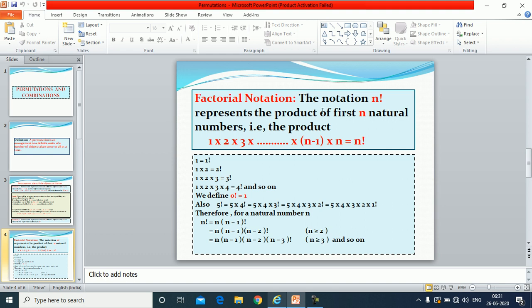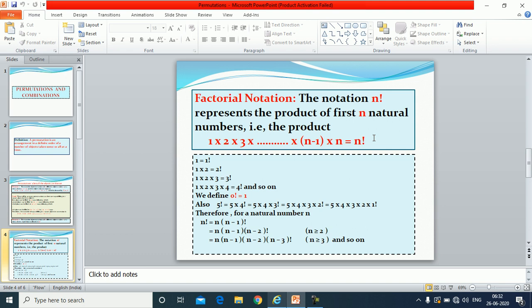It represents the product of first n natural numbers, which means the product begins with 1. So 1 into 2 into 3 till the largest value n has got, so n minus 1, then n. This product of consecutive natural numbers starting with 1 is n factorial.